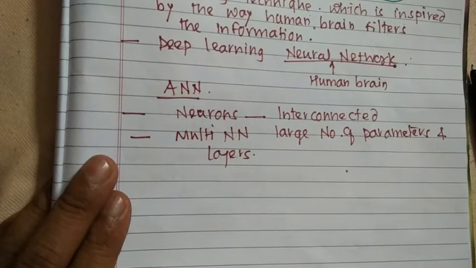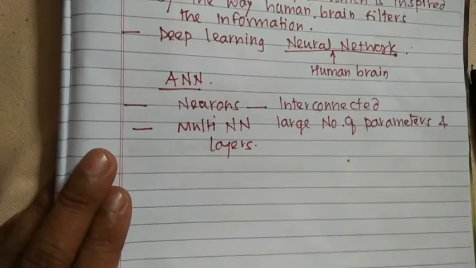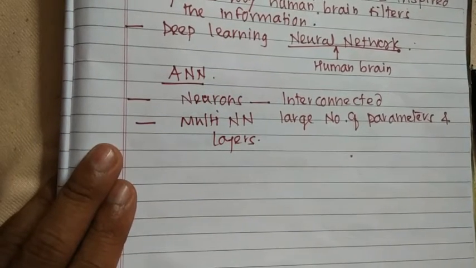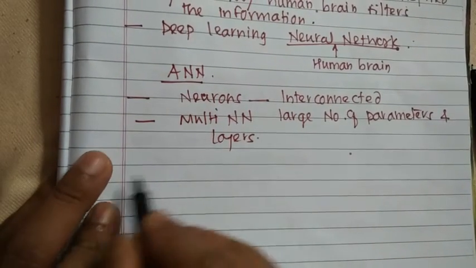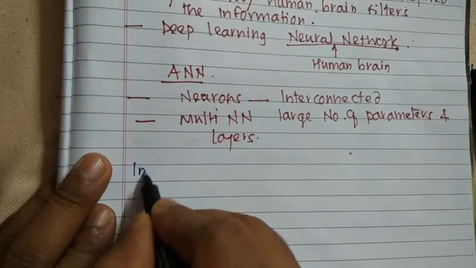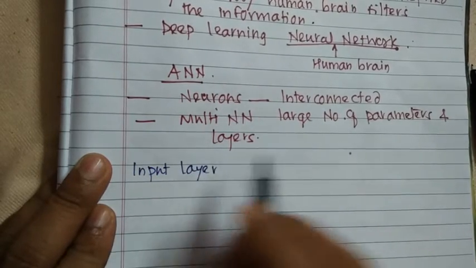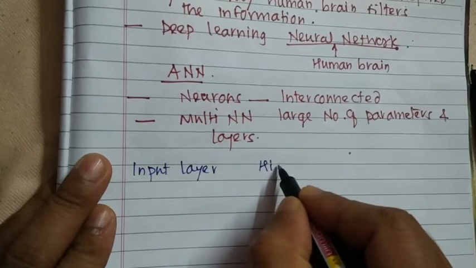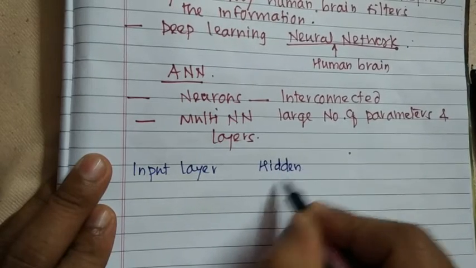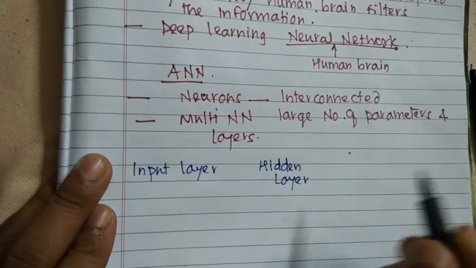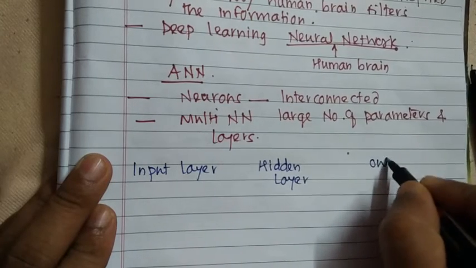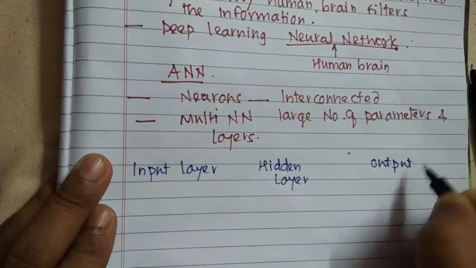Now how does this neural network work? Basically there are three layers. One is the input layer, second is the hidden layer, and third is the output layer.